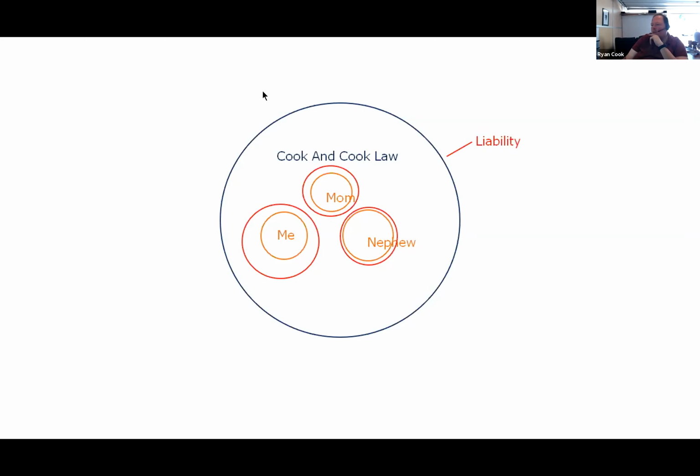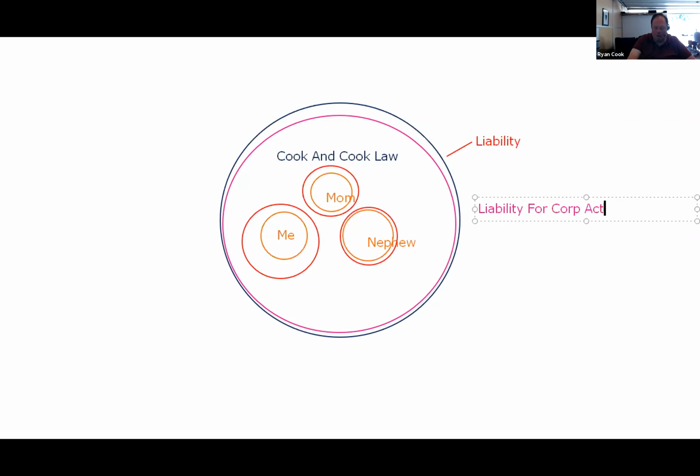There is another circle. That is the liability for what happens at the corporate level. Okay, these are for things that happened within the law firm.